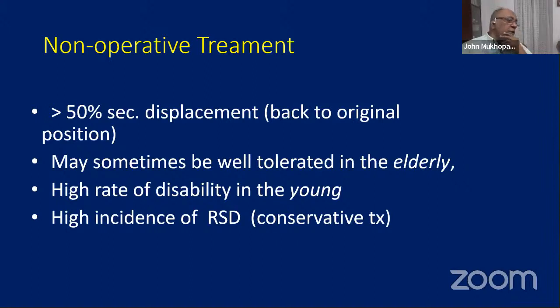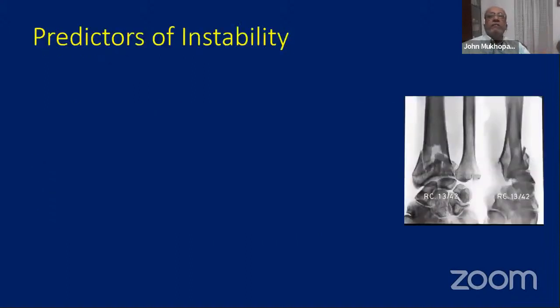The other issue with conservative treatment is the high incidence of RSD or Sudeck's, or today what is known as chronic regional pain syndrome, the CRPS. And this may be related to basically the plaster getting tight and patients not moving, and very often some compression of the median nerve. So this is one of the theories put out, that a lot of the so-called CRPS that we get is related to early compression of the median nerve.